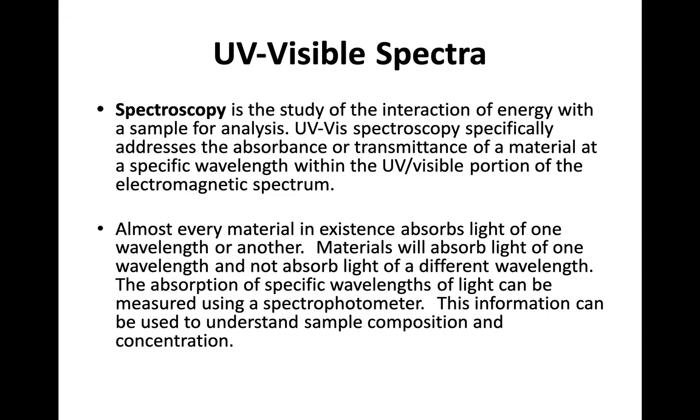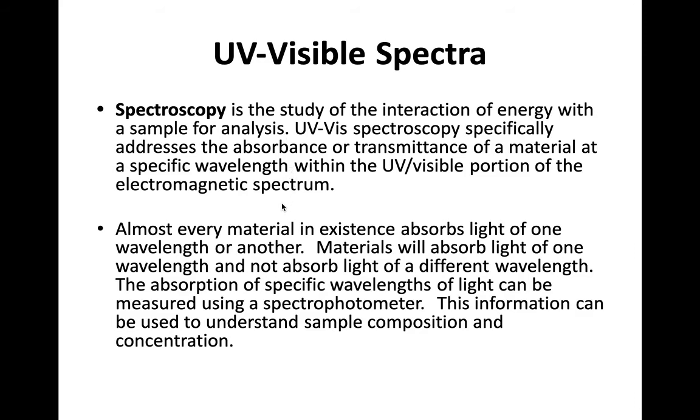One more reminder about spectroscopy and other analytic techniques. This one we didn't spend a whole lot of time talking about, but it is fairly intuitive. Another spectroscopy method is called UV-Vis spectroscopy. It's based on the absorbance or transmittance of light through a material.